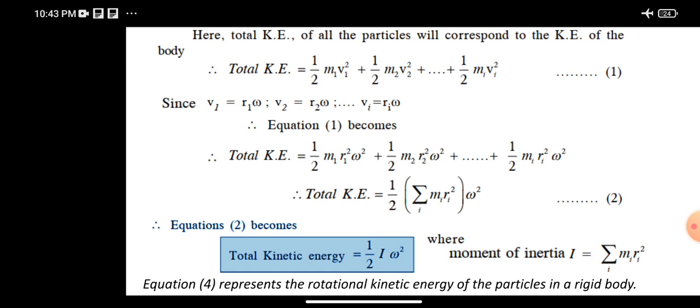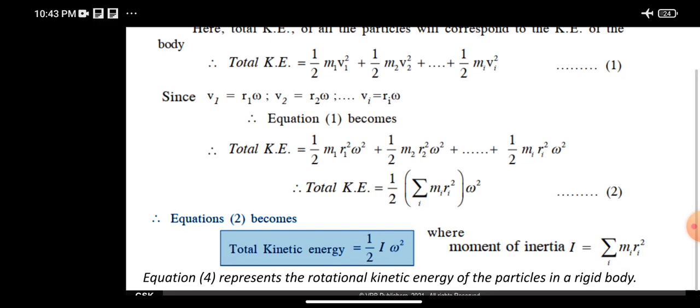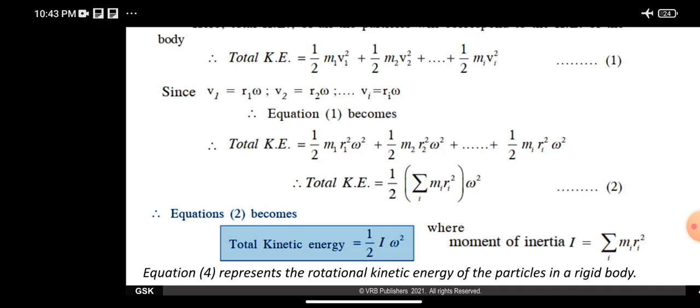So adding these, v1 square can be replaced by r1 square omega square, v2 square by r2 square omega square, and vi square by ri square omega square. So the total kinetic energy of the system is 1 by 2, and the common term is omega square. The remaining terms are m1 r1 square plus m2 r2 square plus m3 r3 square. So generally we write summation over i of mi ri square.